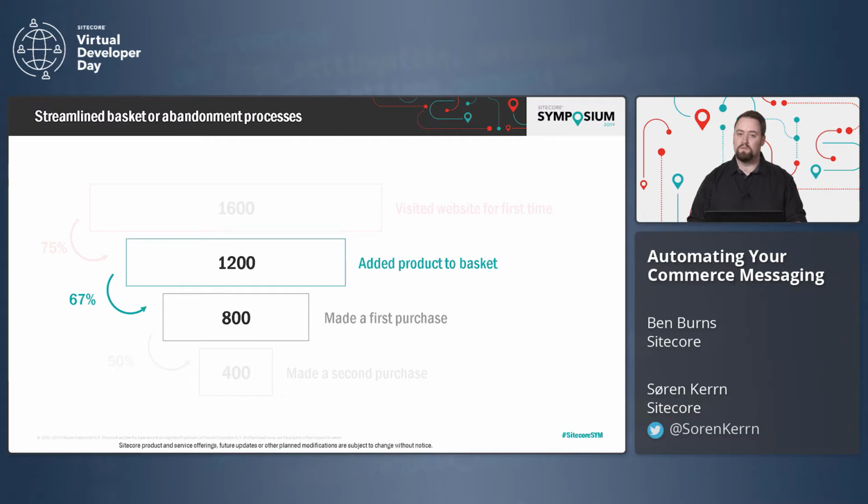When we talk about optimizing the middle stage of this funnel, we're talking about the people who are adding items to a basket and then going on to make a purchase, or in the case of those missing from this percentage, those who never complete that purchase, sometimes known as basket or cart abandoners. The opportunity here for the CMO and the commerce team is to find a way to streamline that basket process.